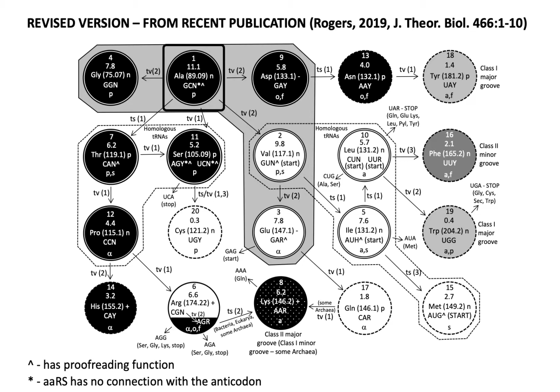The asterisk means that the aminoacyl tRNA synthetase does not touch the anticodon, and the caret there means that it has proofreading function, meaning that if it makes a mistake, because it's similar to other AARSs, there's a proofreading function that'll check to make sure that alanine is attached rather than a different amino acid.